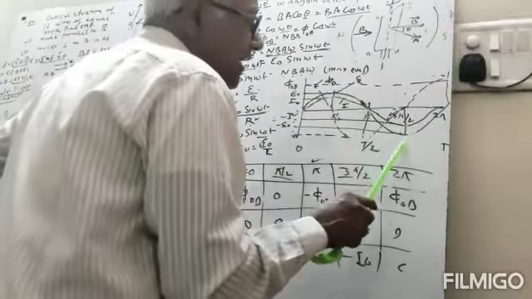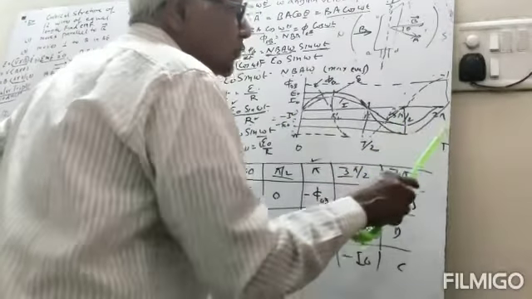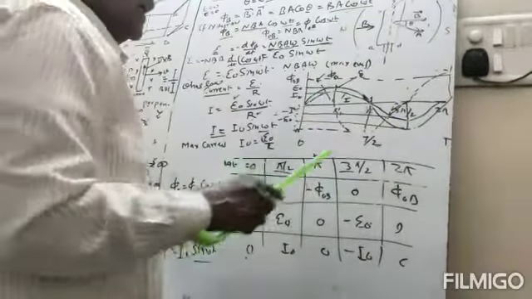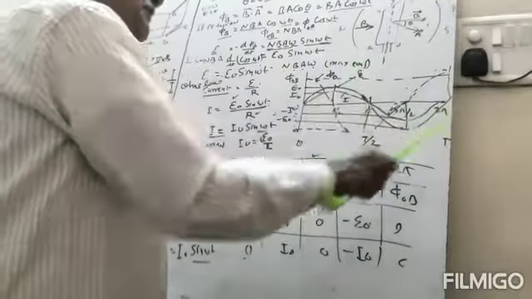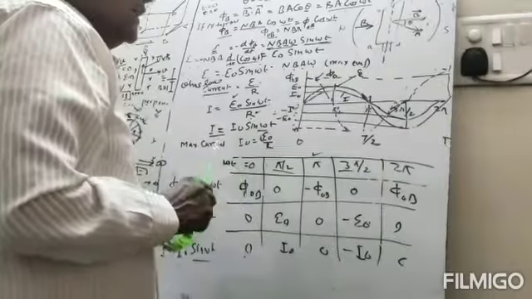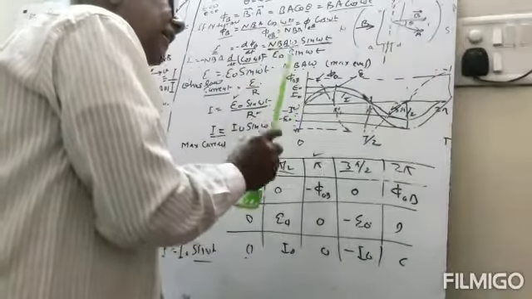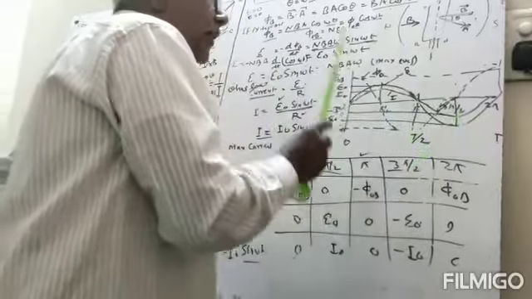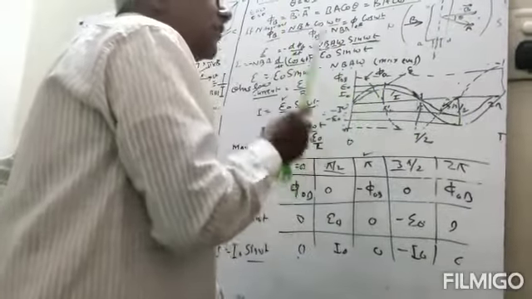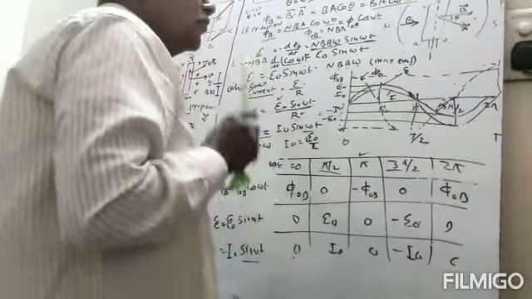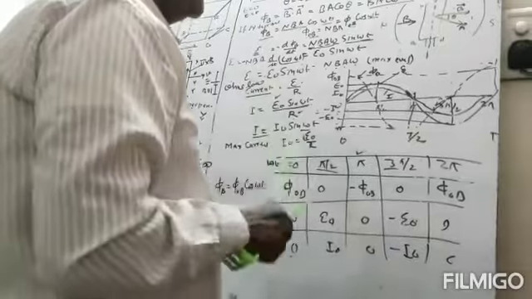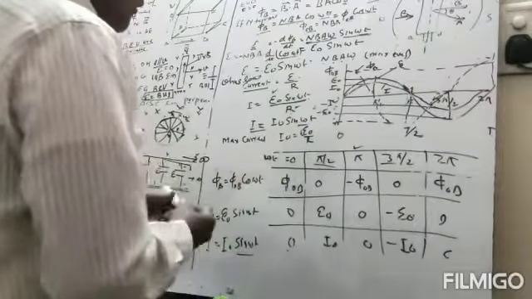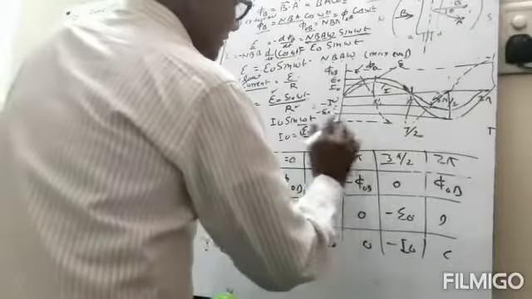As the angle increases from 3 pi by 2 to 2 pi, the values of EMF and current are decreasing. So what do we say here? For half cycle it is a positive value, for half cycle it is a negative value. The values of current and EMF are not constant, they are variable. So we can say such type of current is alternating current.